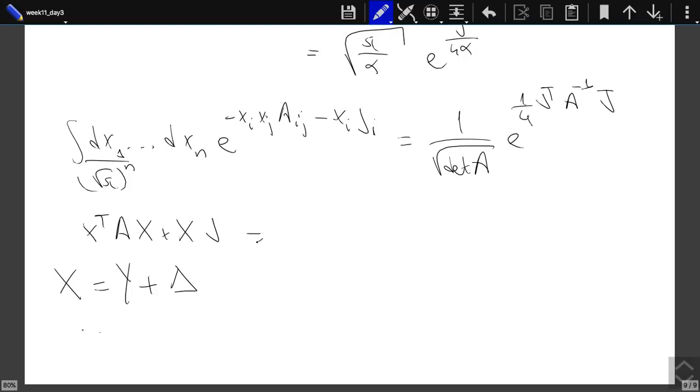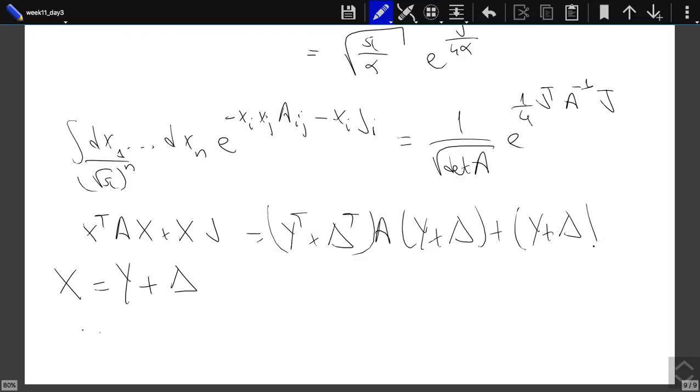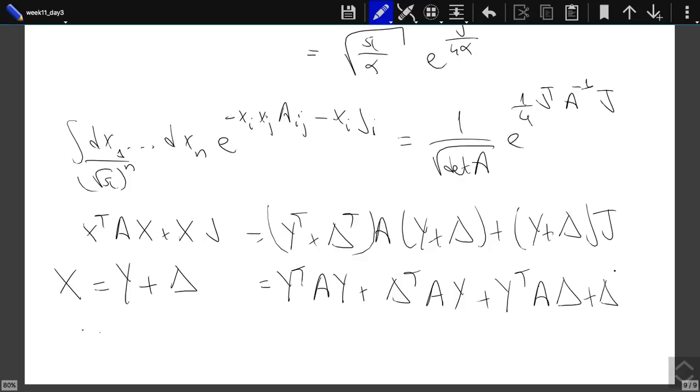So if you just put it over here, this is equal to y transpose plus delta transpose, A, y plus delta, which gives y transpose A y plus delta transpose A y plus y transpose A delta plus delta transpose A delta, and plus y times J plus delta times J.